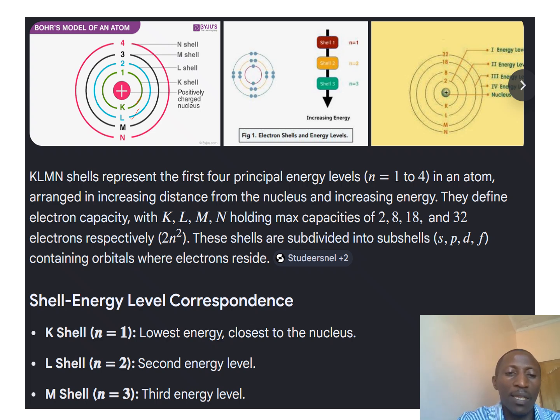The K shell has n equal to 1, it has the lowest energy and is the closest to the nucleus. L is energy level 2, the second energy level. M is the label for energy level 3, where n is equal to 3.